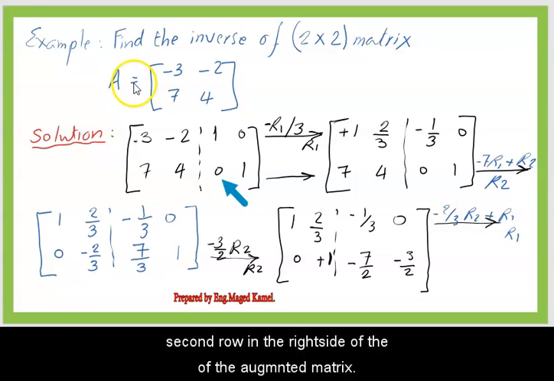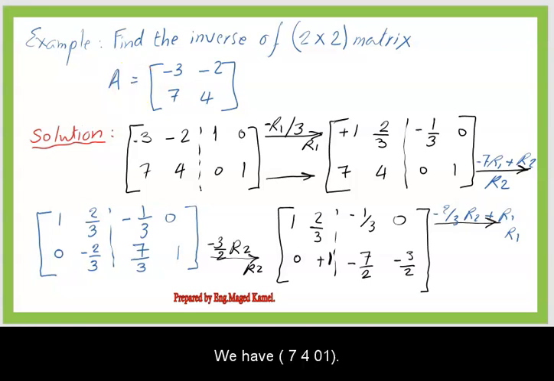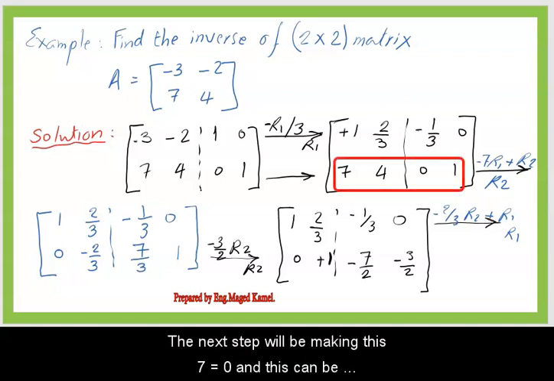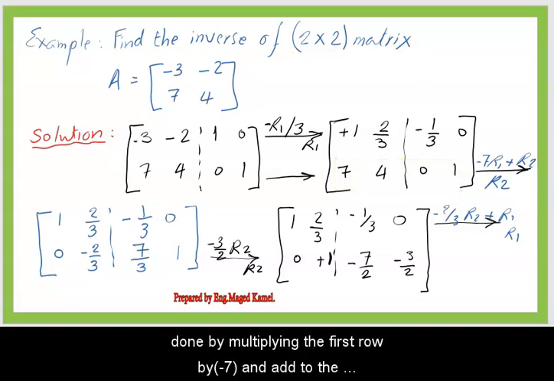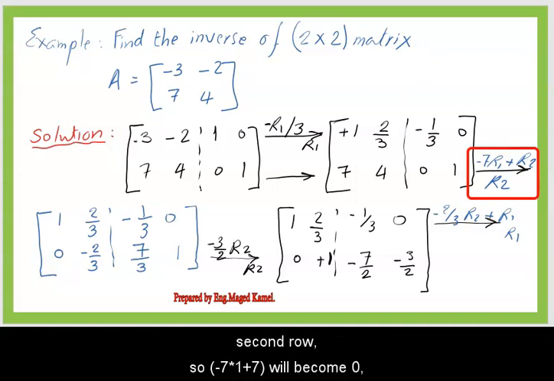There is no operation required, because we already have 0 and 1 in the second row on the right-hand side of the augmented matrix. We have 7, 4, 0, 1. The next step will be making this 7 equal to 0, and this can be done by multiplying the first row by -7 and adding the value to the second row. So -7 multiplied by 1, and we add 7, will become 0.